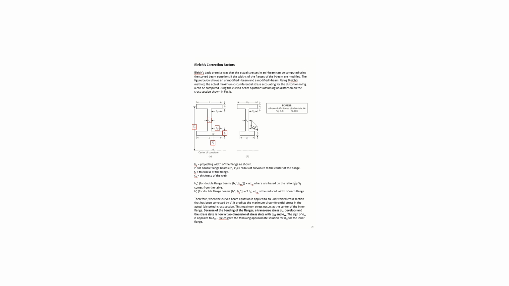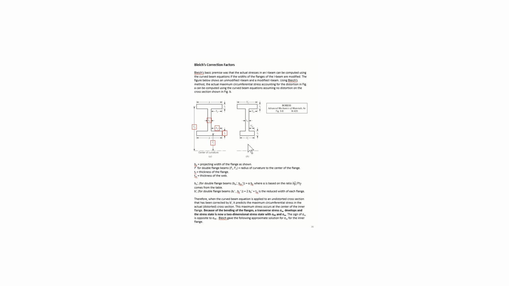So using Blaikes method, the actual maximum circumferential stresses are accounted for by converting the original model to a corrected model that will allow the actual stresses to be computed.